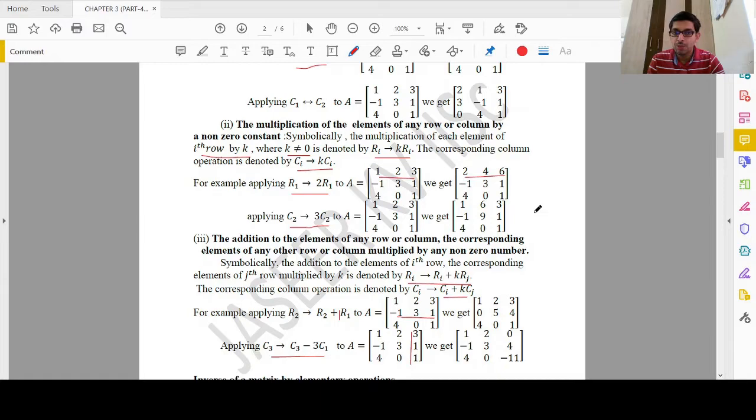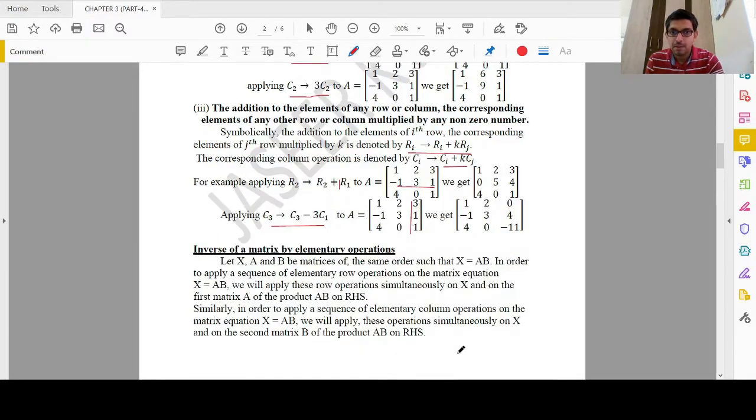And third one, addition to the elements of any row or column the corresponding elements of any other row or column multiplied by a non-zero number. So for finding the inverse of a matrix by elementary transformations or elementary operations, we'll be using only these operations. These are the standard elementary operations on a matrix.